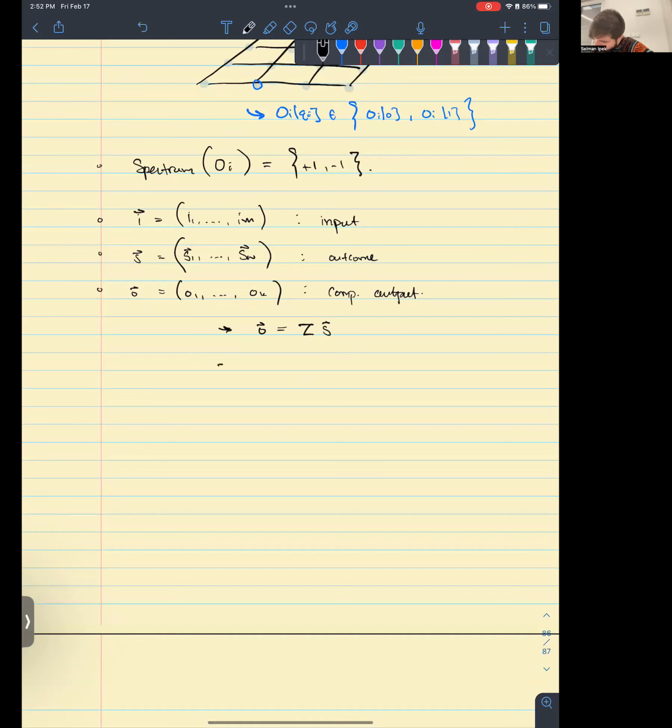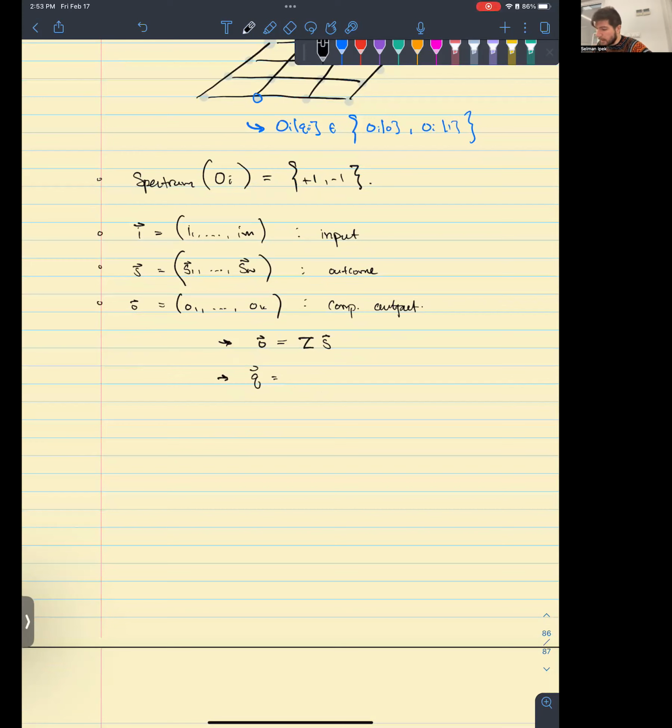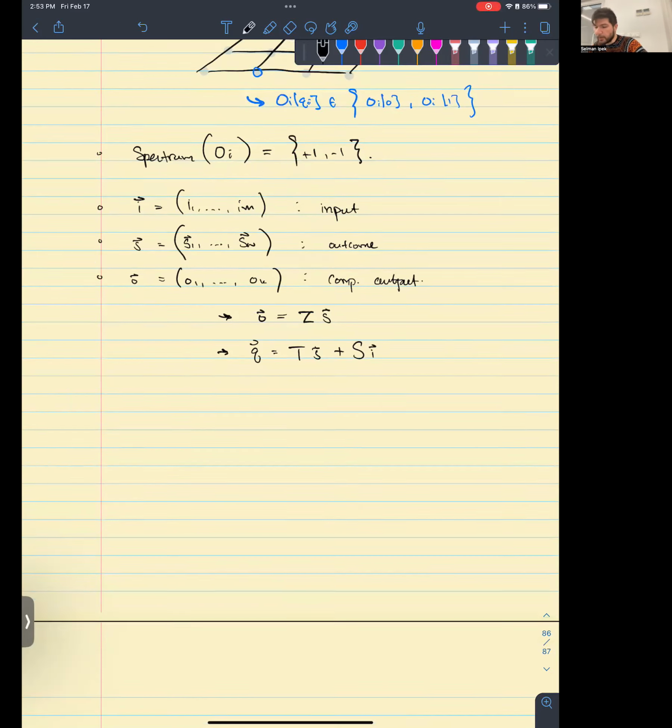And then you have that Q is actually what distinguishes which measurements will be used. It's an input into your MBQC. You put in an I, but then Q can also depend, in general, on the previous measurement outcomes S plus something like this. So this is the most general thing that you can write down.